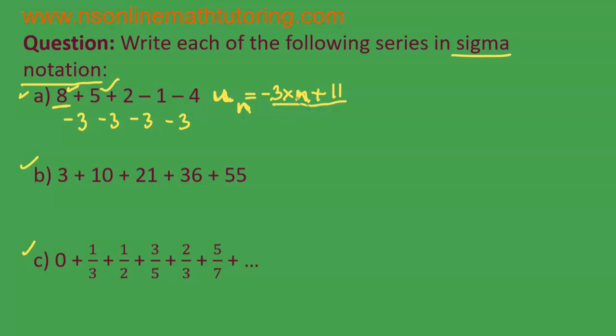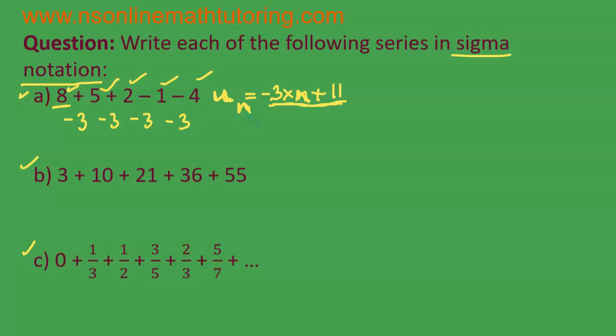Negative 3 times 3 is equal to negative 9 plus 11 is 2. Fourth term, n is equal to 4. Negative 3 times 4 is equal to negative 12 plus 11 is equal to negative 1. And for the fifth term, negative 3 times 5 is negative 15 plus 11 is equal to negative 4. So, this is the general term expression for this given series.